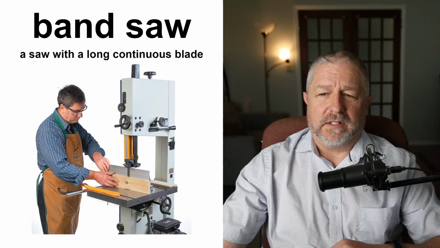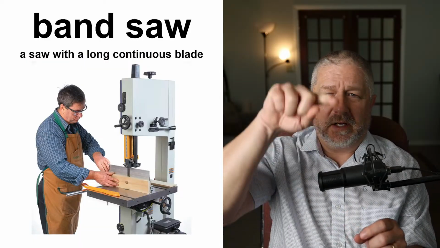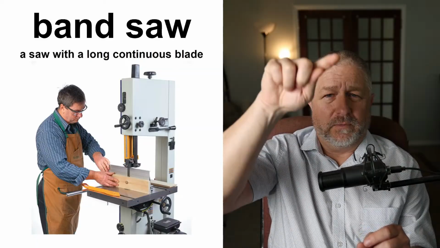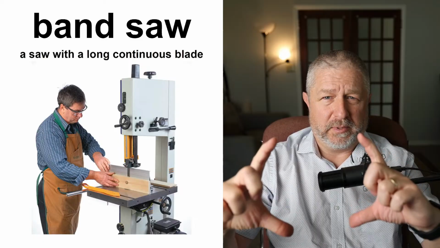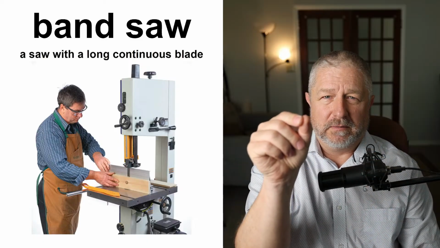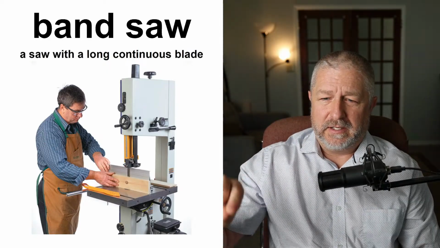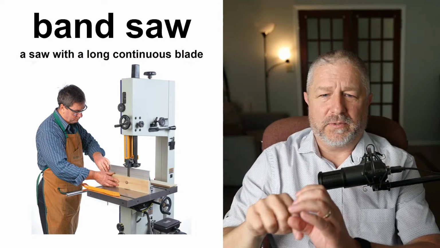Bandsaw. This is also known as the most dangerous saw in the world, I think. It's a saw with a long continuous blade that runs in a loop. So it doesn't have a circular blade. It has like a thin metal band with teeth on it that goes in a big loop. So there's two pulleys and then that goes around.